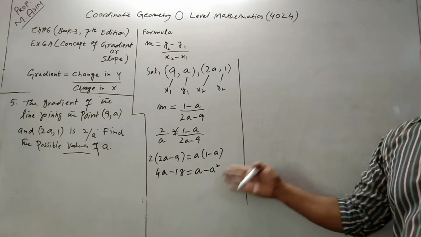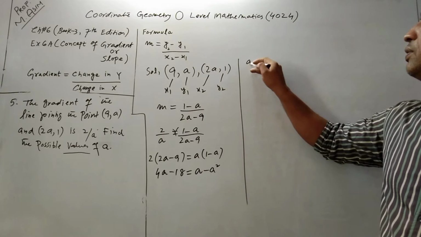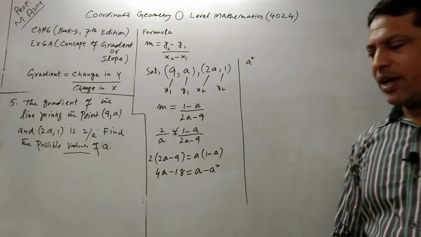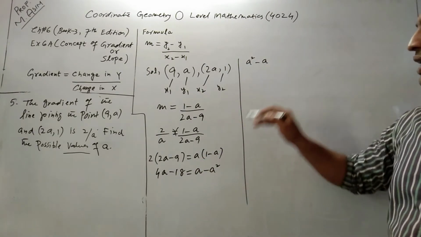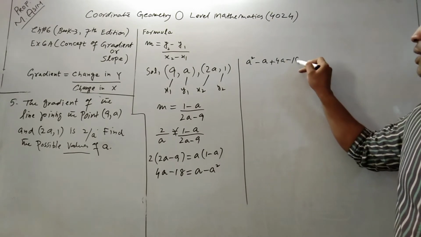Shift all these numbers on left hand side. This minus a becomes, this minus a square becomes plus a square on other side. This a becomes minus a, plus 4a remains 4a minus 18.